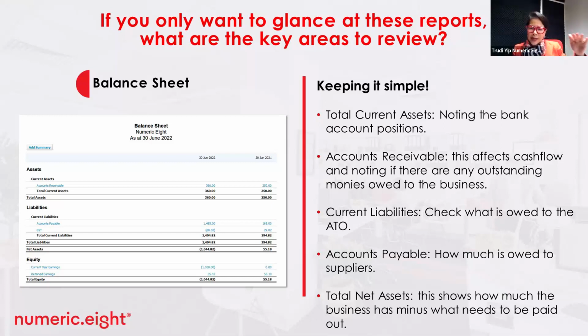So if you've got, say, $10,000 owing to the ATO, that should already be in your tax provision account. So then it's really just your trading account that you're looking at to see how much is in your bank account.